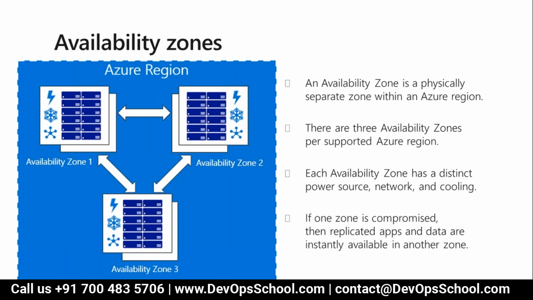If you take the power backup from X company in one availability zone, you should take the power from Y company in another availability zone, and from Z organization in the third. The company should not be similar for all the availability zones. Network is also different, and the cooling system is also different, because if any kind of disaster happens in that organization, then how are they going to take the backup?